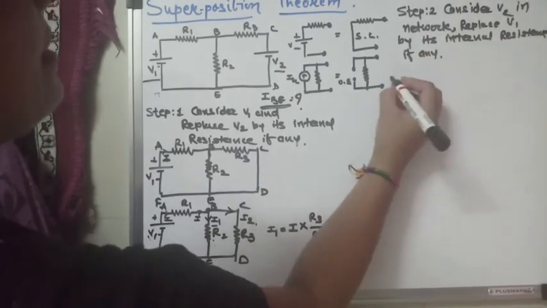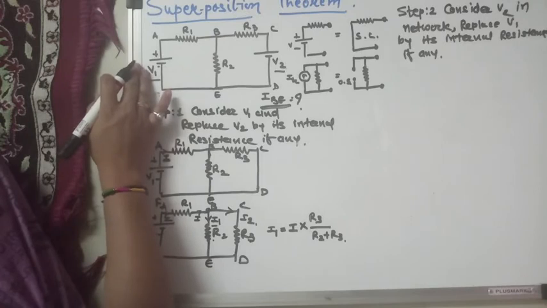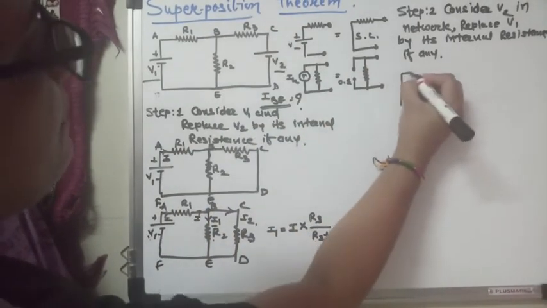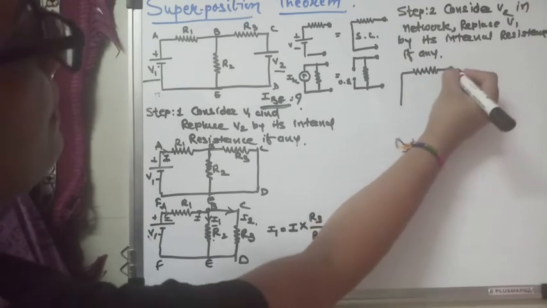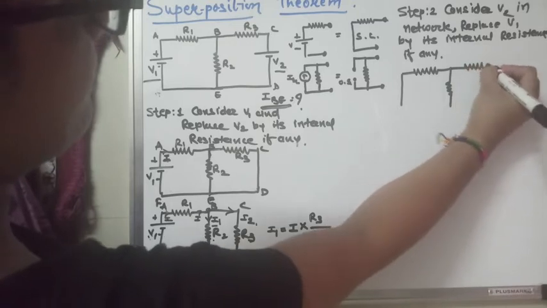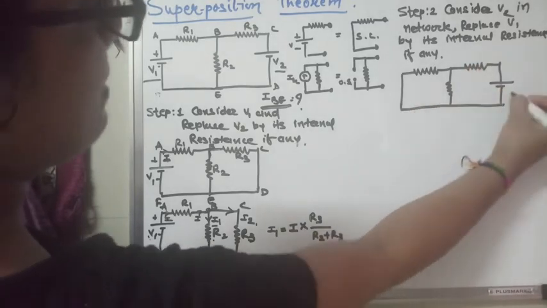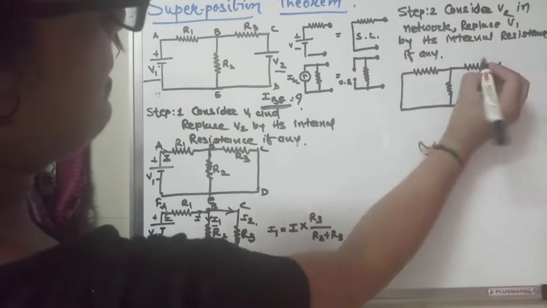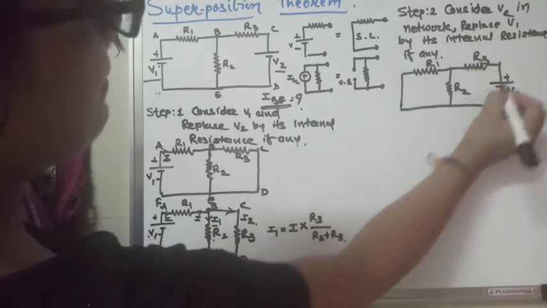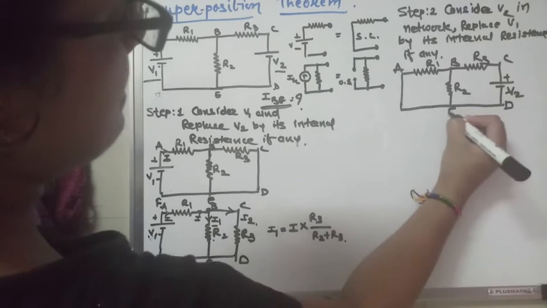Now see here, V1 is short circuited and we keep V2 in the network. So now my circuit will be like this. Here R1, here R2, here R3, with V2 in the network, and label the nodes as A, B, C, D, E, F.